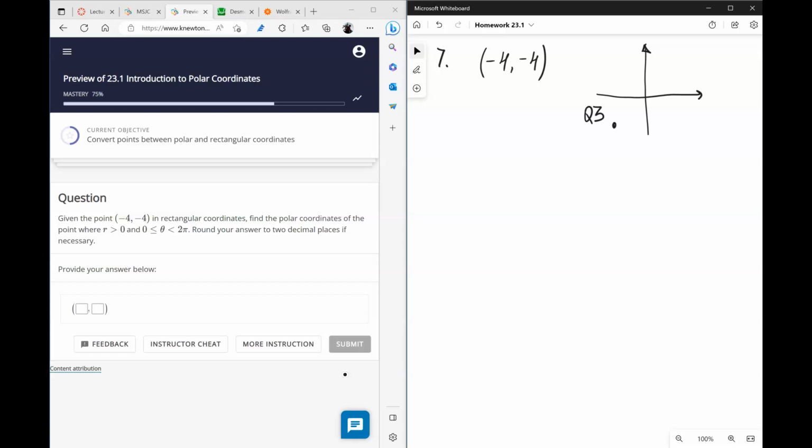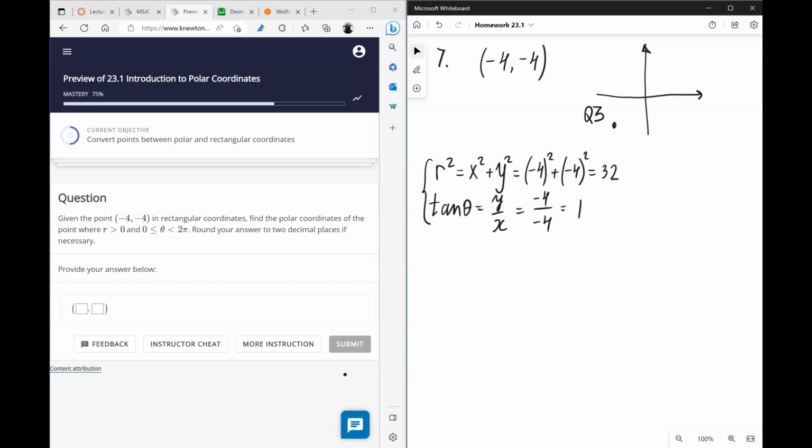So to convert, we're going to use these conversion formulas. r squared is equal to x squared plus y squared. So in this case, it will be this. And tangent theta will be y over x, so it's -4 over -4, which is 1.